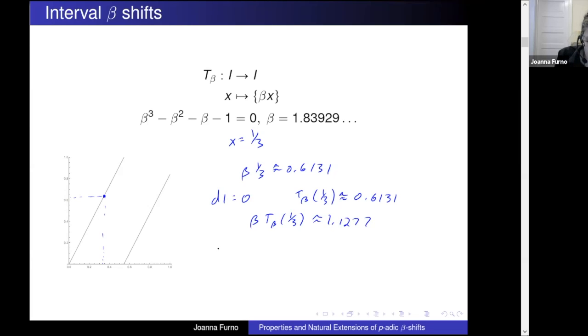And so again, our integer part becomes our digit, and the next iterate comes from our fractional part. And so that would be about there.